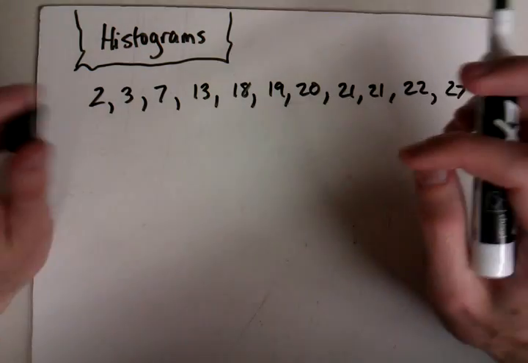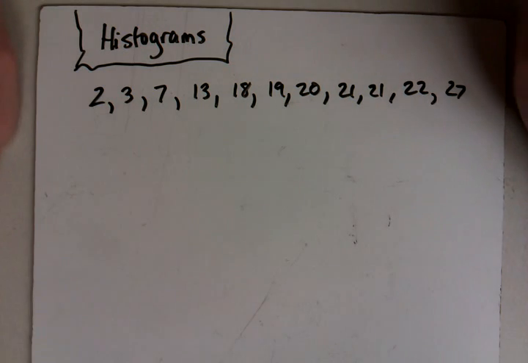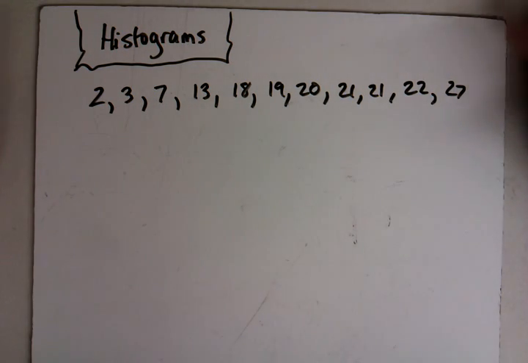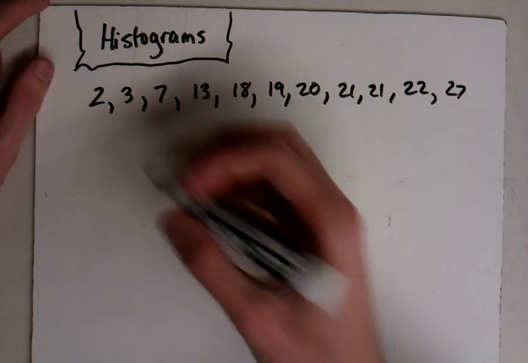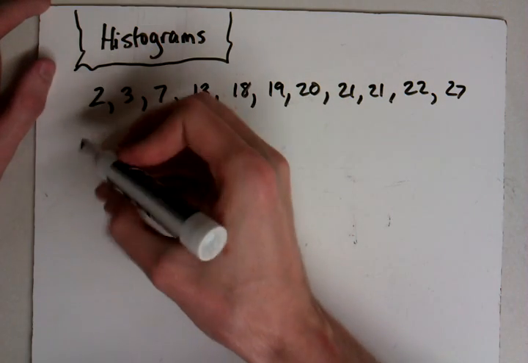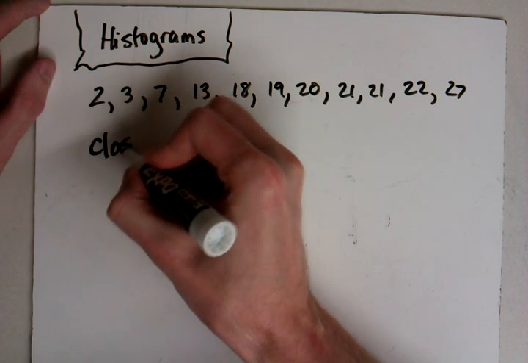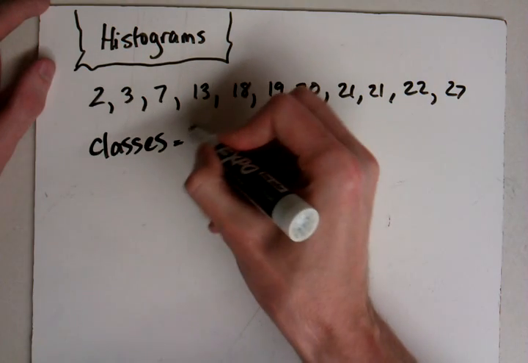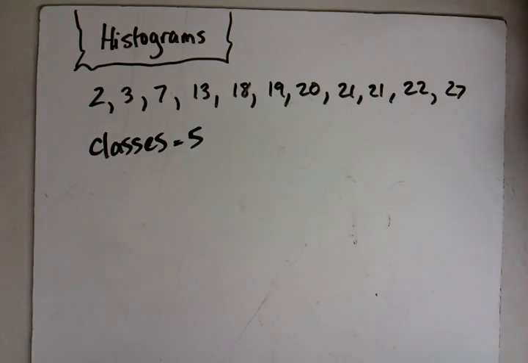You usually want at least 5 or 6, especially if you have a small data set. Making more than that gets out of hand. So we'll say that we want to have 5 classes, and you'll usually be told how many classes to create.